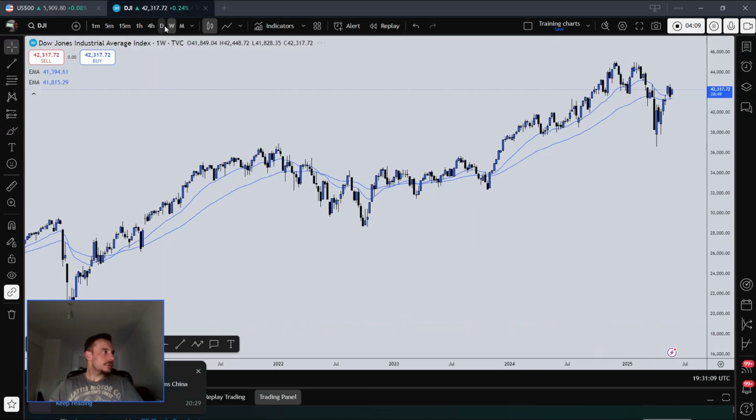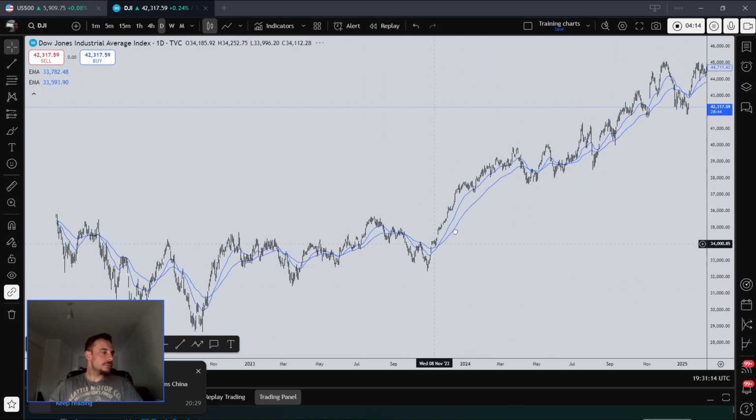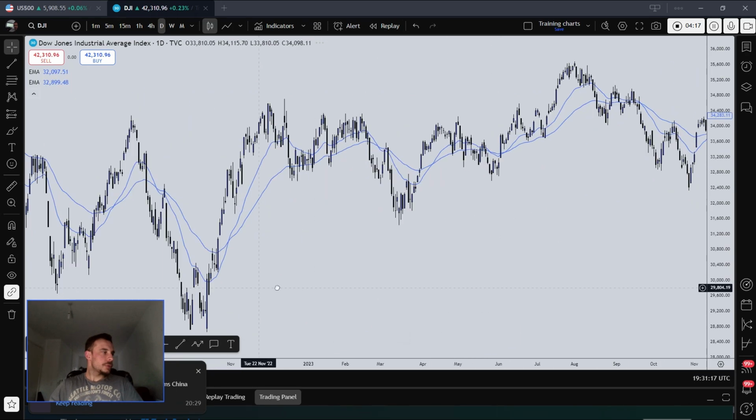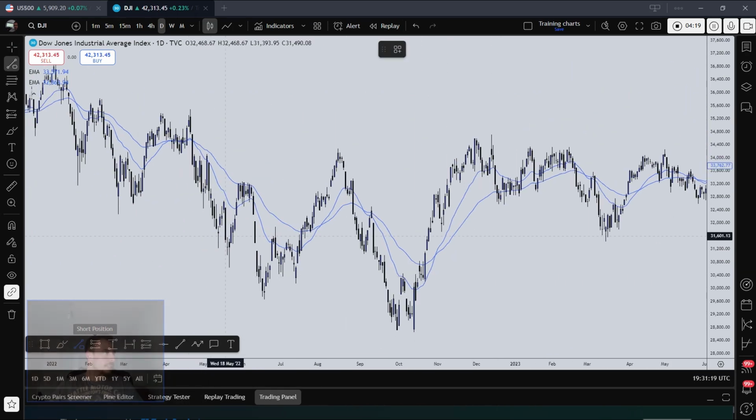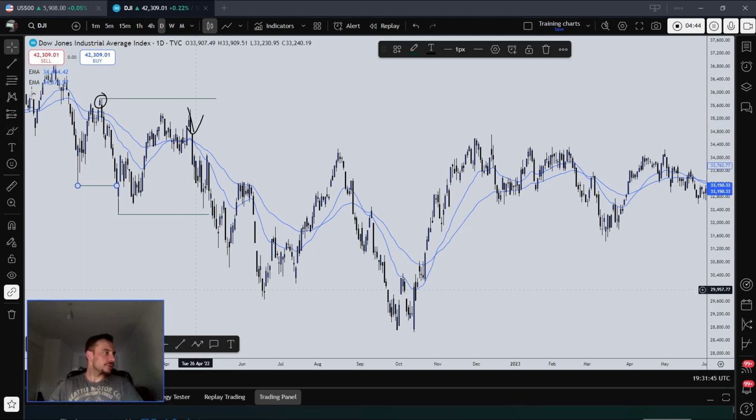Let's go on the next one, and we go on a daily. This is Dow Jones. So let's map higher highs and higher lows. If we start here, we go low, we go high, and until this lower high is broken, we will assume that the market is going to be a downtrend, because we're still on a downtrend at this break of structure over here.